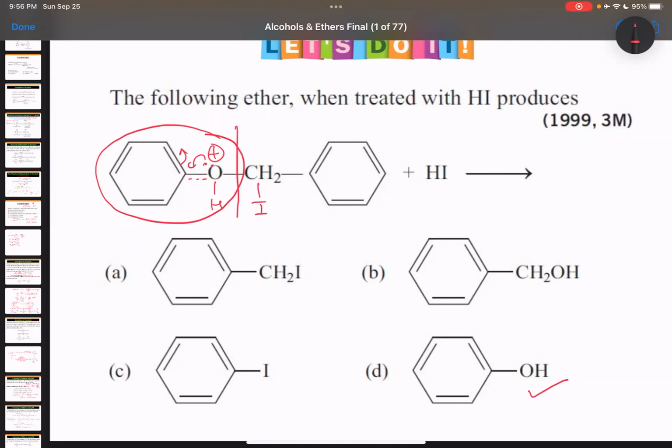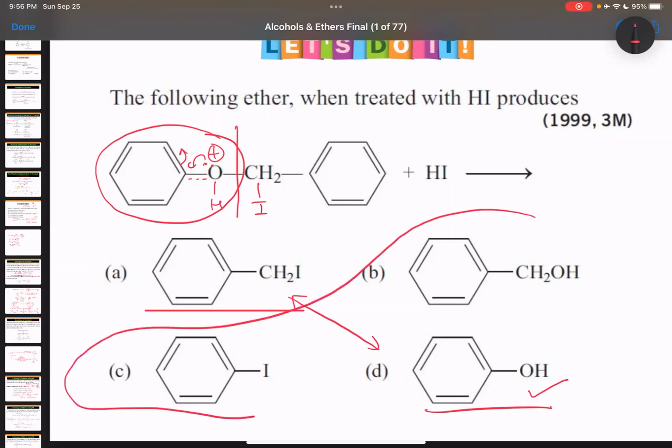So there is more than one correct option: CH2I and this. So this is one set of products and this is another set of products, which is completely wrong because you broke the wrong bond. Don't look at this position.